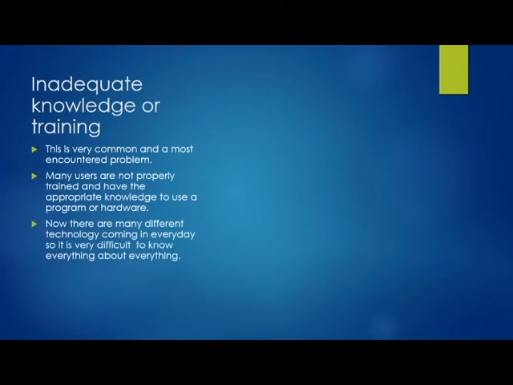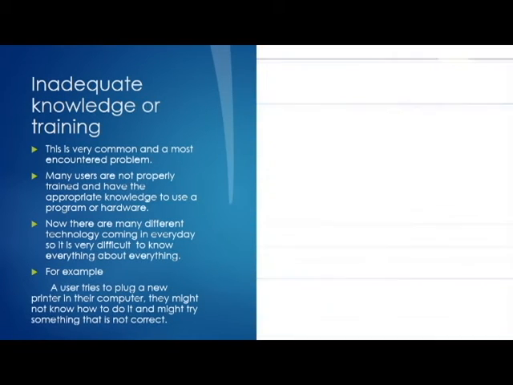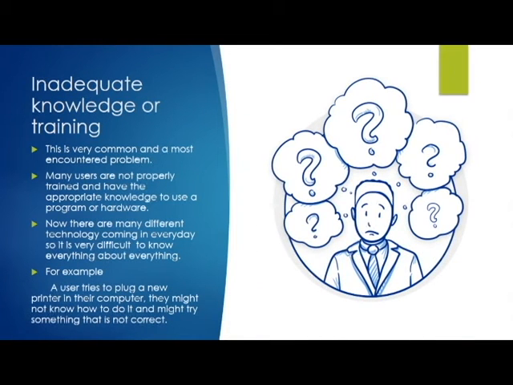The next problem is inadequate knowledge or training. It's a very common problem, and the most encountered problem when it comes to computer support staff. Many users are not properly trained and do not have the appropriate knowledge to use a program, software, or hardware. There is new technology coming out every day, so it's very difficult to know everything about everything.